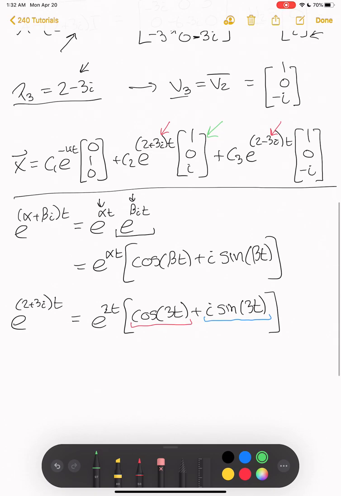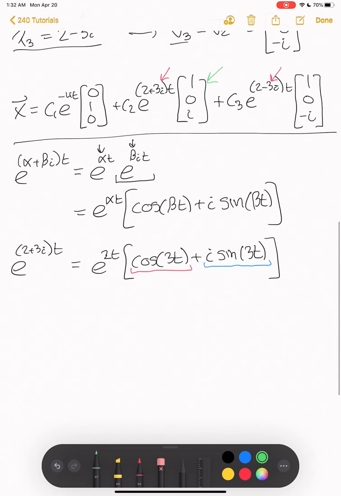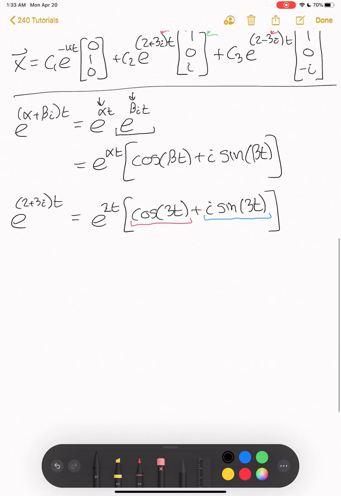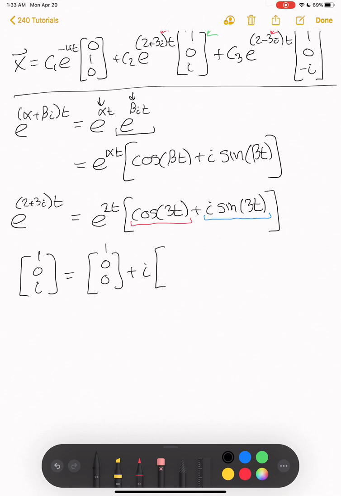And then when we FOIL all of it, that's where we're able to derive our 2 solutions from. So I have, again, 1, 0, and i. I can factor that into 1, 0, 0. Factor that i out front, and it becomes 0, 0, 1. All right, so I've just factored that vector.